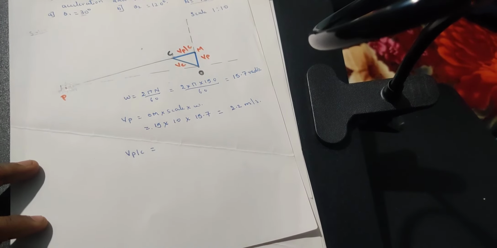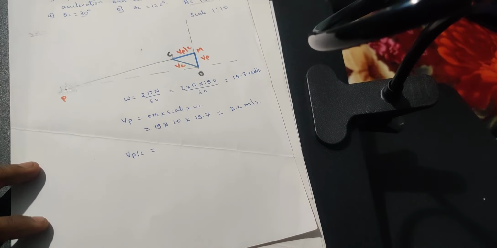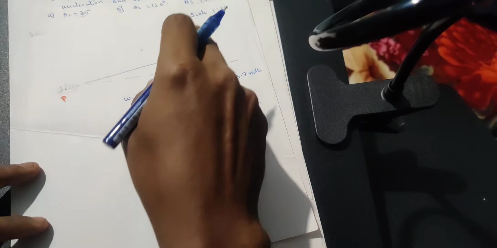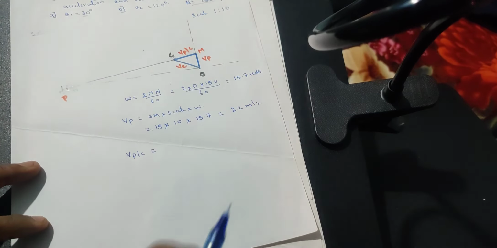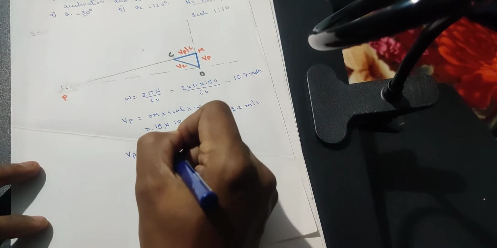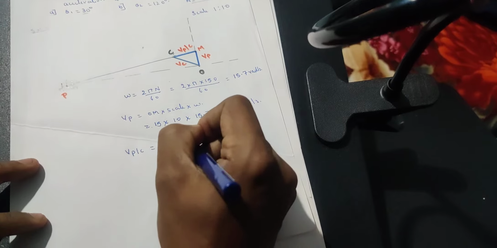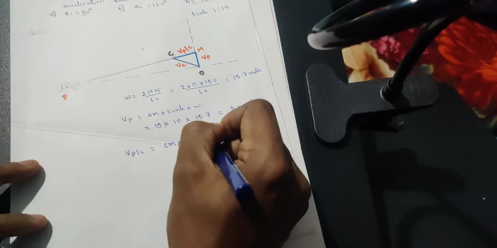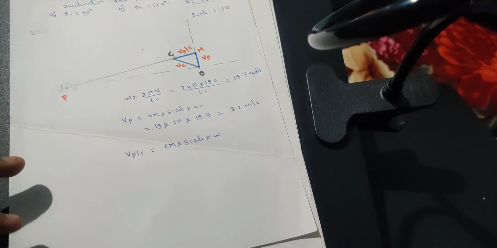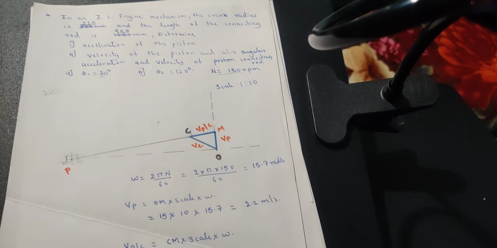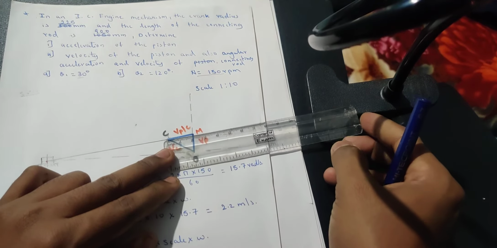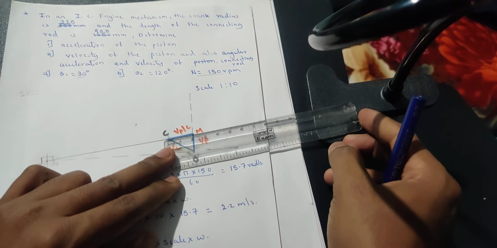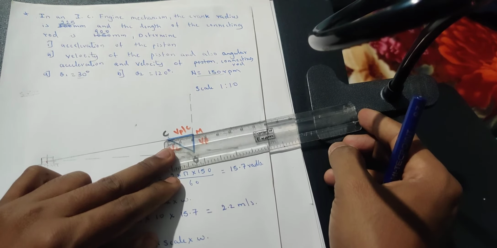This will be the distance CM into scale into omega. If you measure the distance here, it is 20 mm.